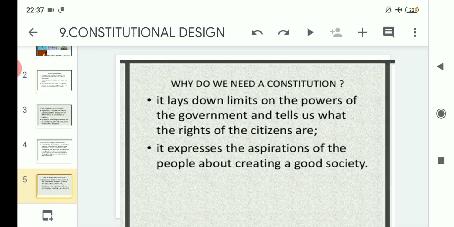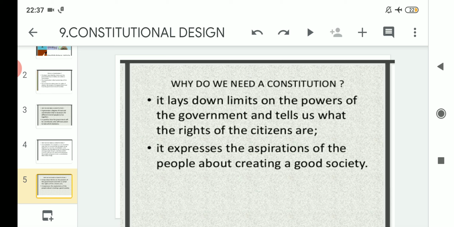So it does two things. First of all, it highlights the limits of the powers of the government, and along with that it also focuses on the rights that are given by the constitution to the citizens of the country, or we the people.